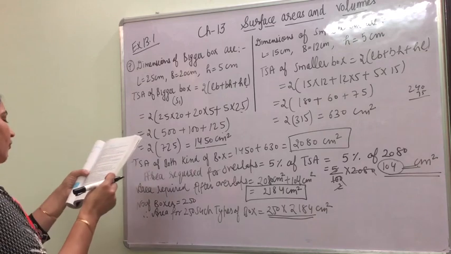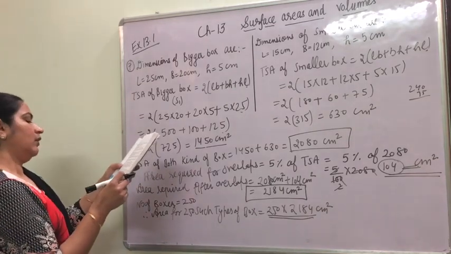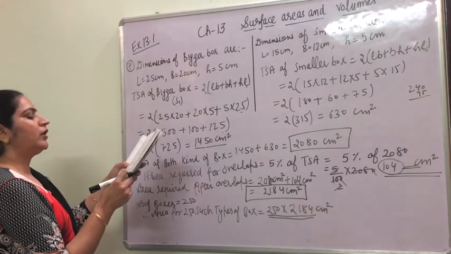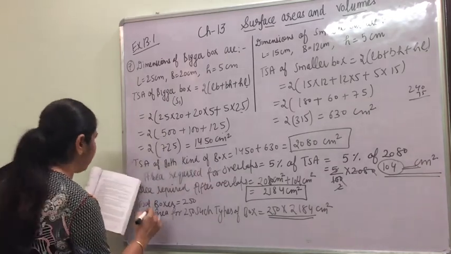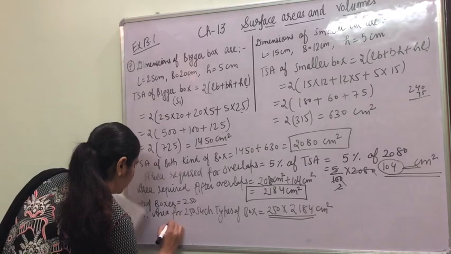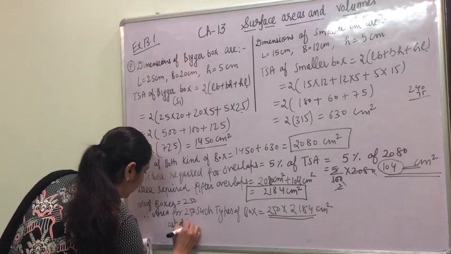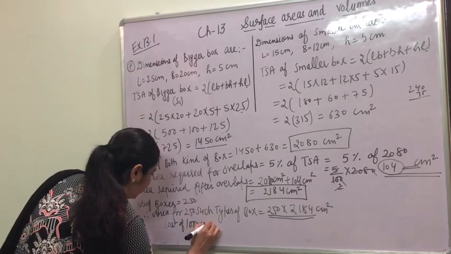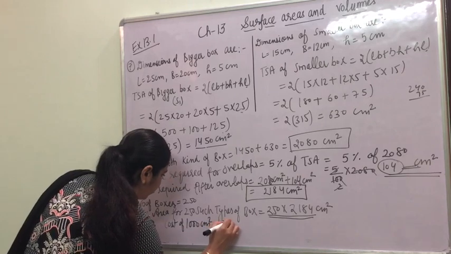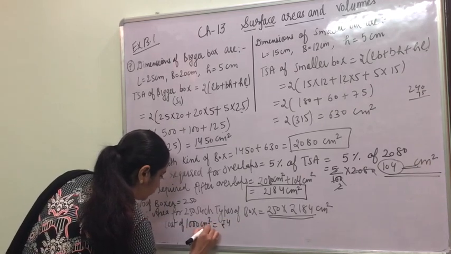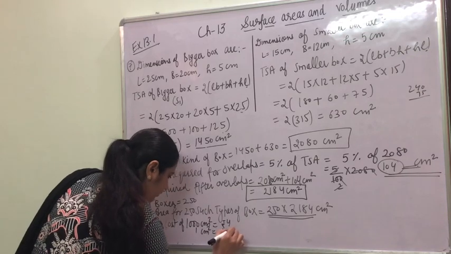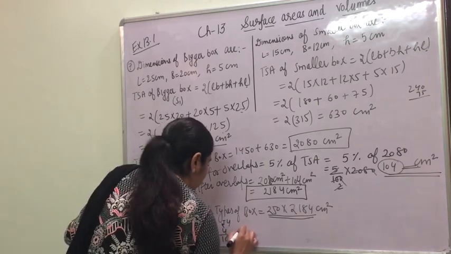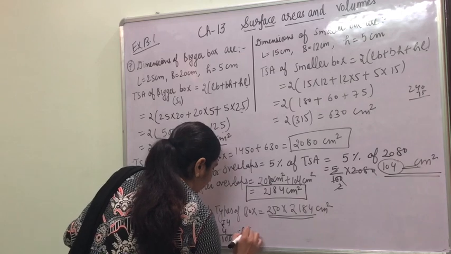So the rate is given as rupees 4 for 1000 centimeter square. If the cost of the cardboard is rupees 4 for 1000 centimeter square, so the cost of 1000 centimeter square is equal to rupees 4. For 1 centimeter square cost will be 4 by 1000. This is the rate.